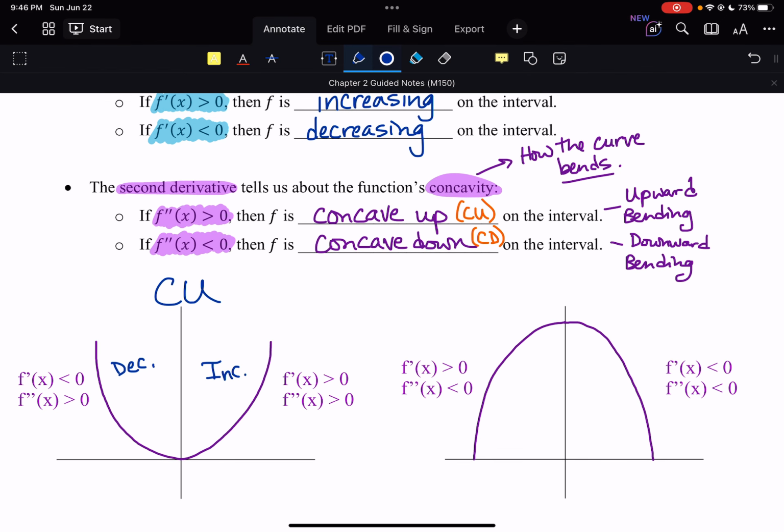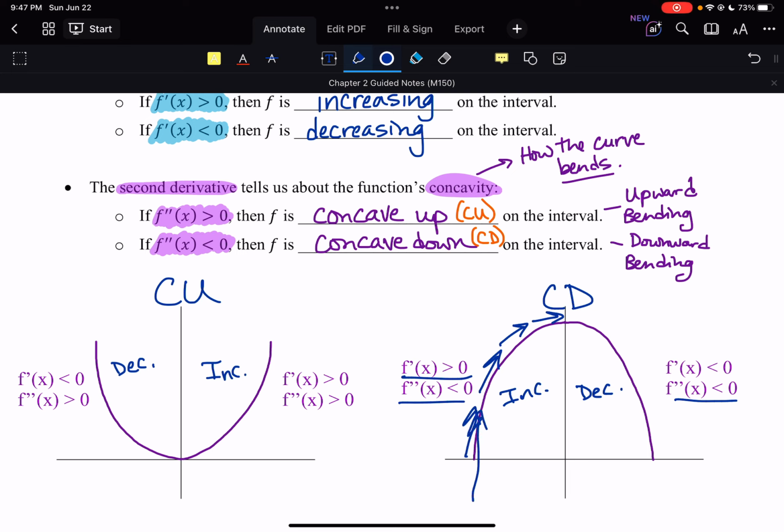On the flip side, a graph that is concave down has a second derivative that is negative, but it could be increasing or decreasing. So again, concavity does not tell us whether the graph is going up or going down. It tells us if it is bending up or bending down. So for the concave down graph, if it's increasing, the values are headed up, but they're starting to be less and less, they're increasing less and less as we go forward, right?